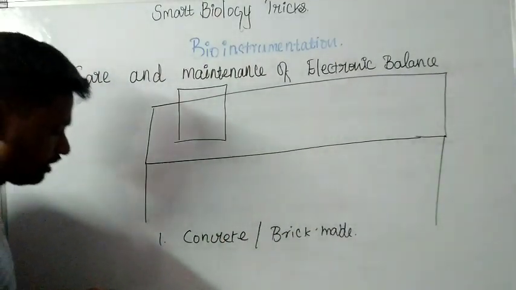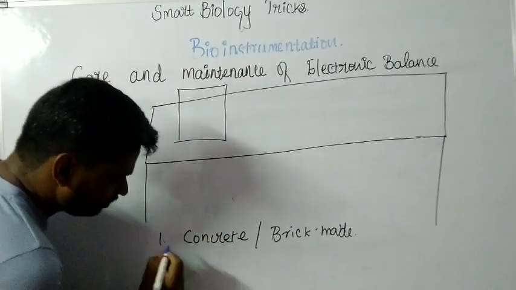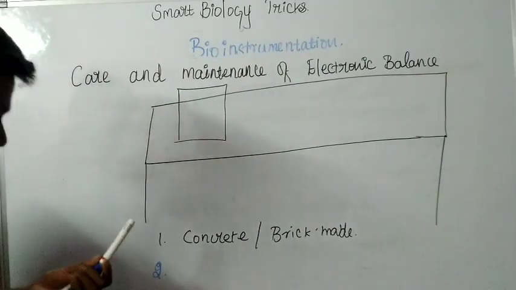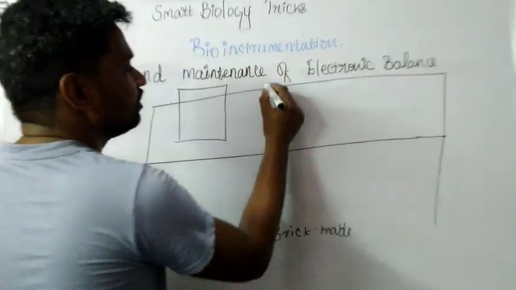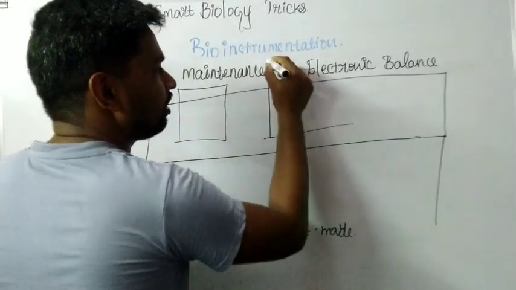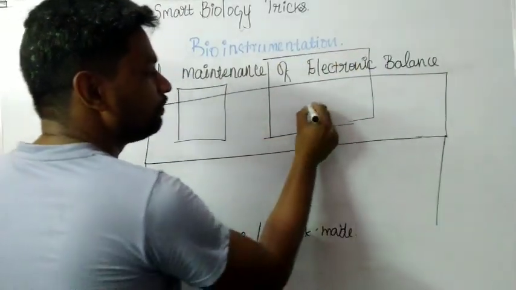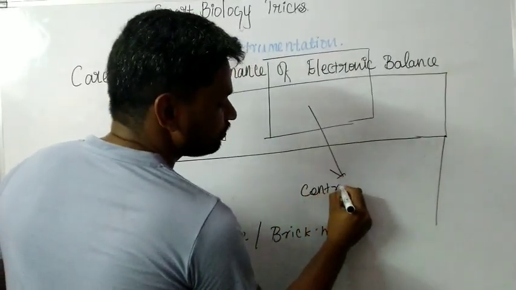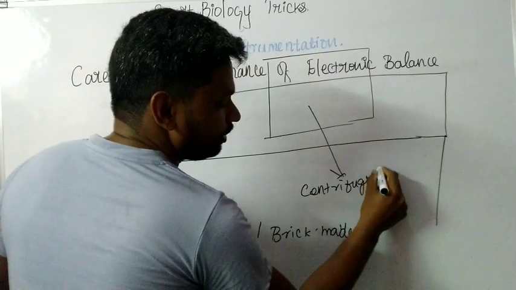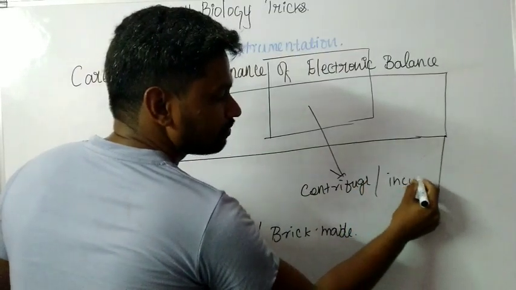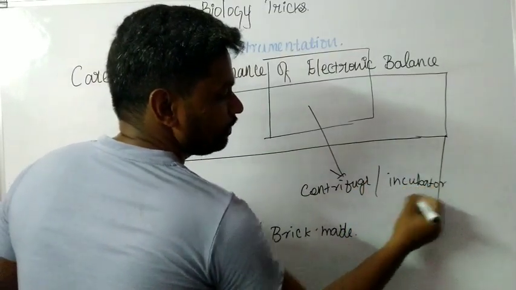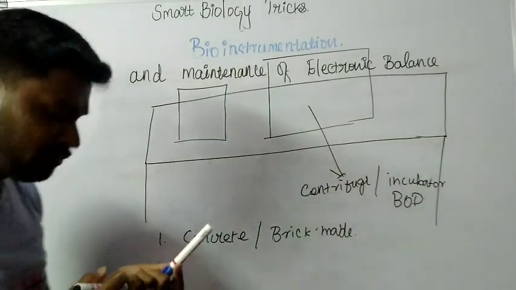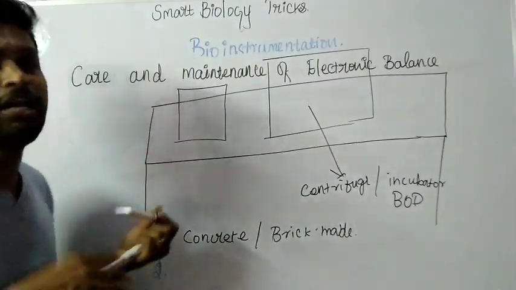The second important thing while keeping the electronic balance in our laboratory is that nearby the balance we should not keep any kind of large instrument, for example a centrifuge, or an incubator, maybe a BOD or COD incubator, any large instrument that makes frequent vibration.